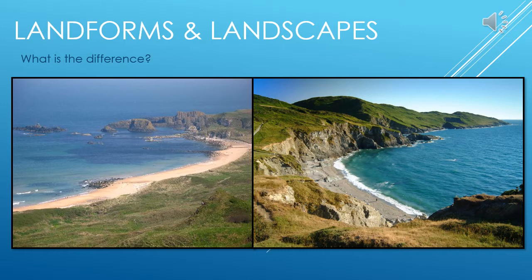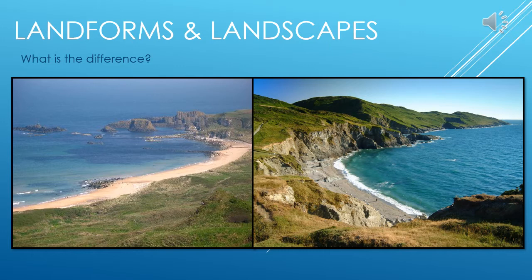So what is the difference? You can see you've got two pictures here. They've both got a range of coastal landforms in them, but they are both one landscape. A landform is a feature along the coast.